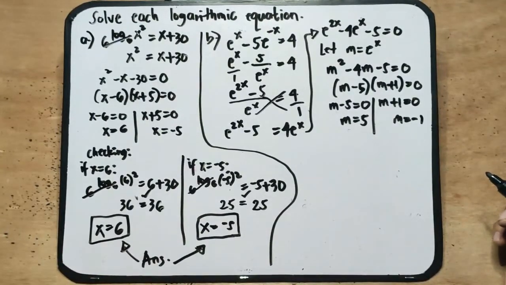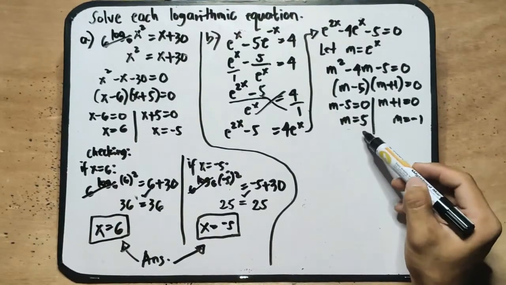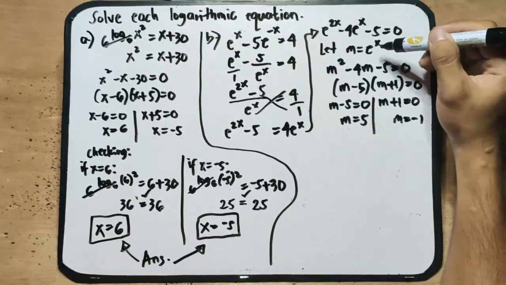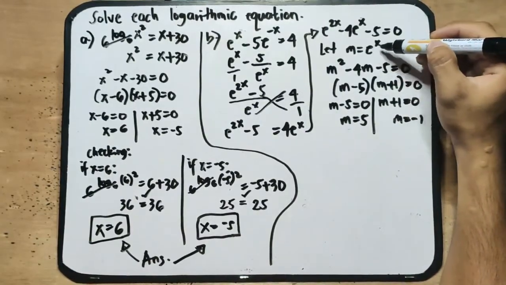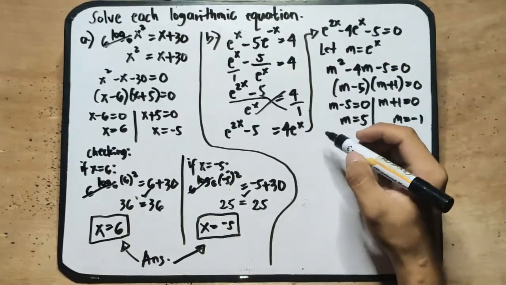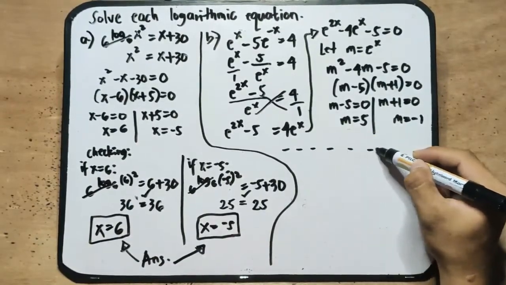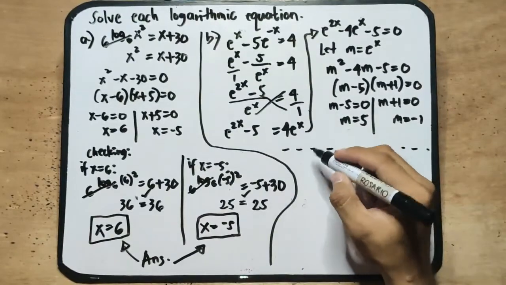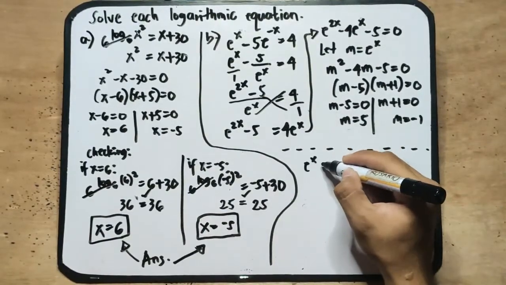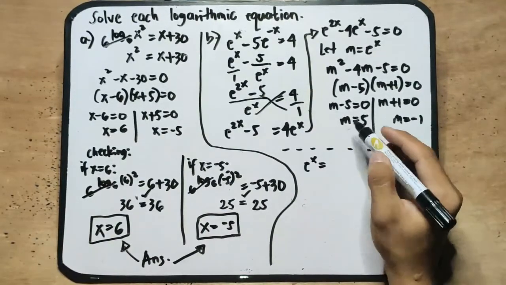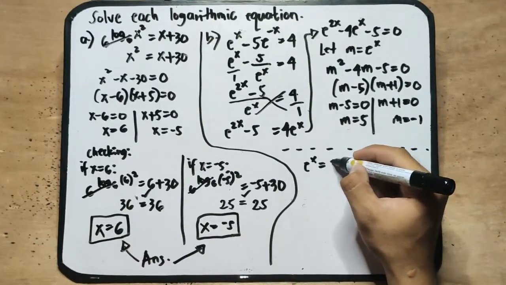So, para malaman natin kung valid ba yung mga bagay-bagay na yan, or mamaya natin i-verify, hindi pa ito yung tamang sagot kasi initially, nag-let tayo ng m be equal to e raised to x. So, ibalik natin siya ngayon. So, we have e raised to x is equal to m, which is 5.